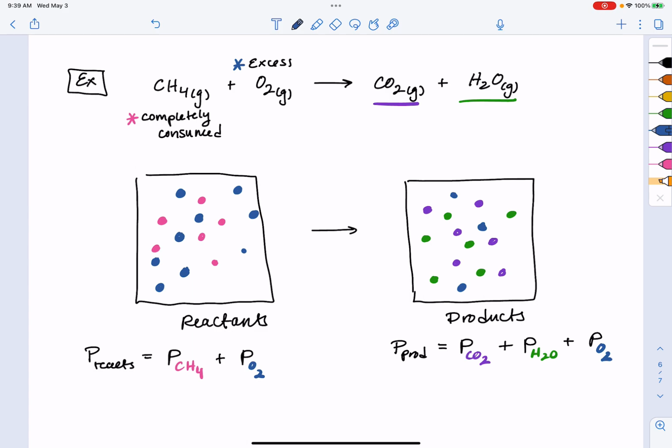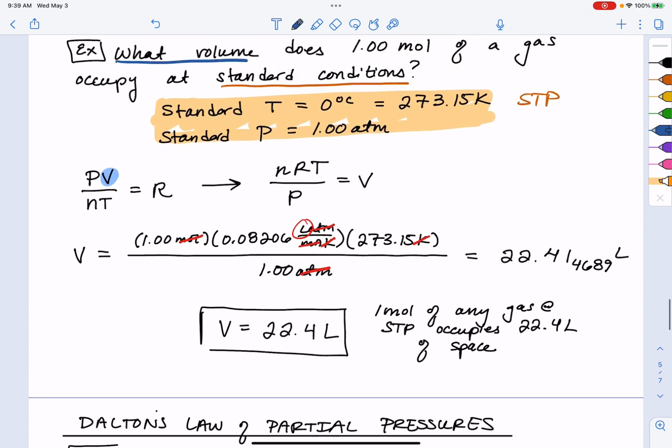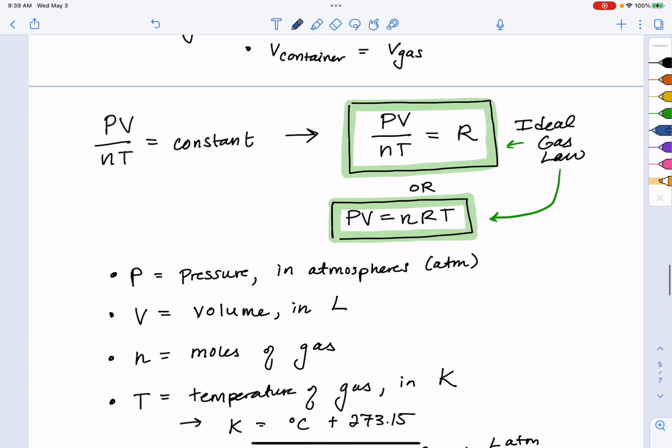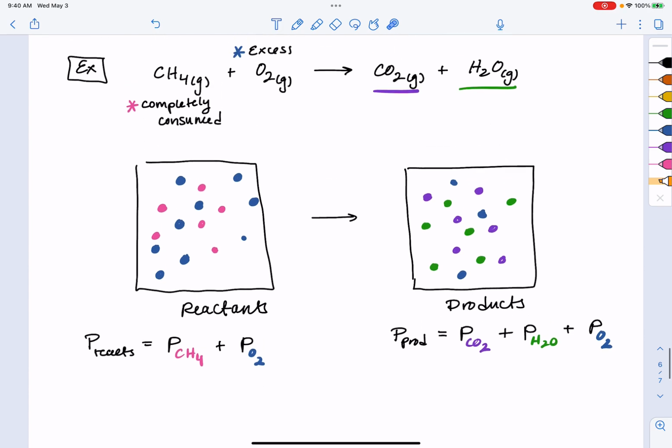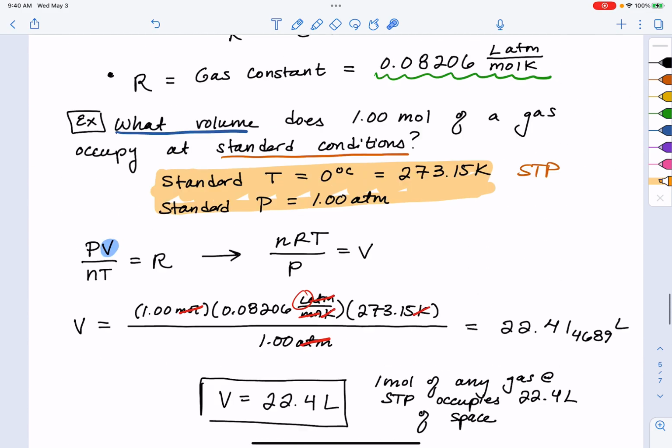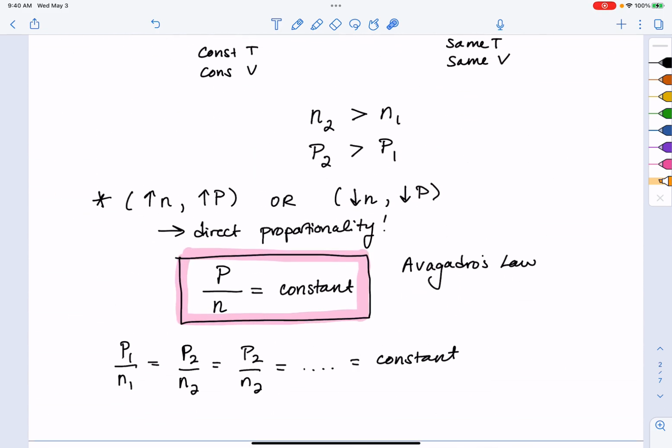Now we're just adding for ourselves a new method of determining moles, which is the ideal gas law. Because remember, the ideal gas law, way up here, I could rearrange this to solve for moles. So we can relate moles to pressure when we look at systems that have gaseous components in Chem 210.